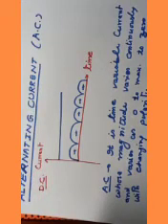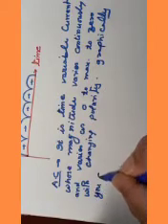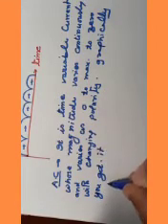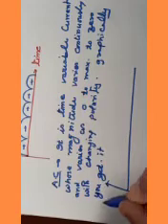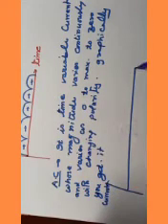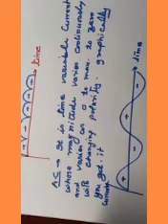Graphically, you can get it like this. This is current and this is time. This is a simple harmonic equation. This is going to be positive, this is going to be negative, this is positive and this is negative. Hope you have got a slight understanding.